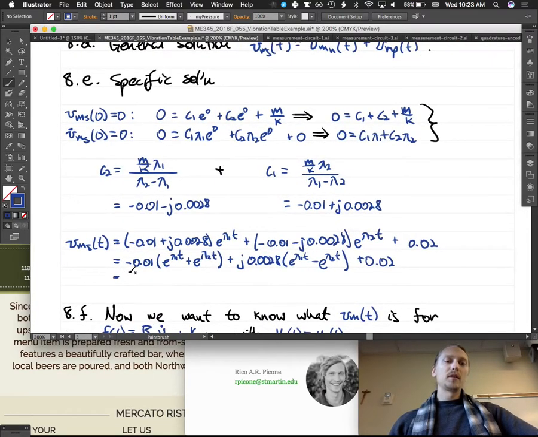So this is equal to negative 0.01. And then we can factor out the real part of the exponential, negative 1.875 t, right?